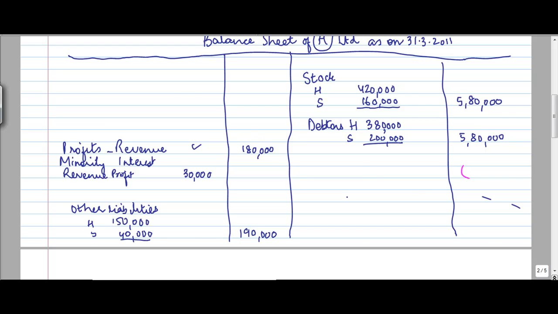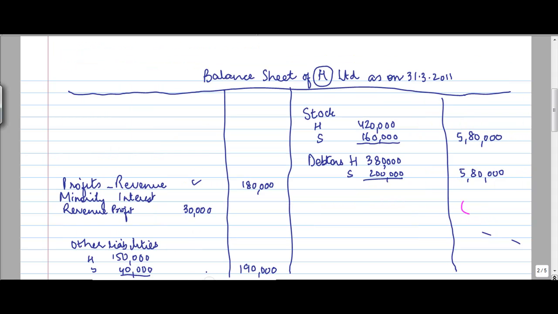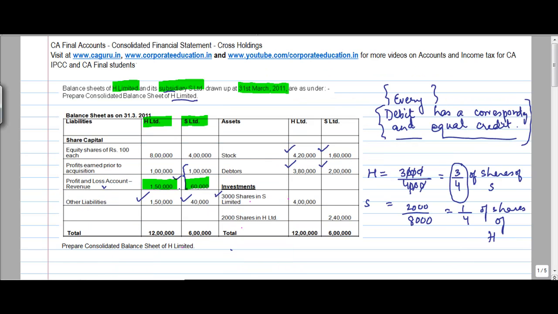So what I did was the split of 2,10,000, 150 plus 60 has been accounted for over here, 180 plus 30. So again, my credit is complete. So this is gone, this is gone. Or maybe I can just use this marker to highlight what all adjustments are done. Right?